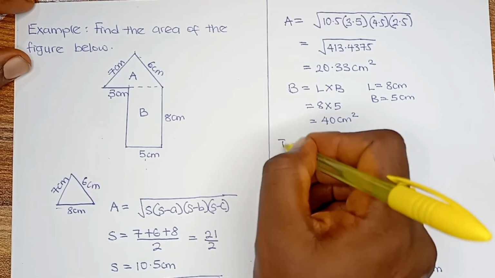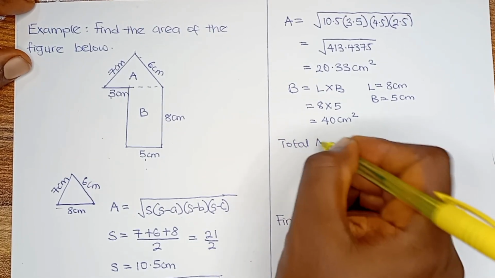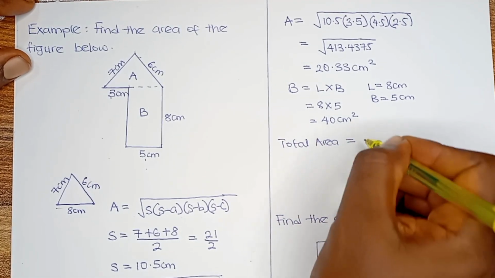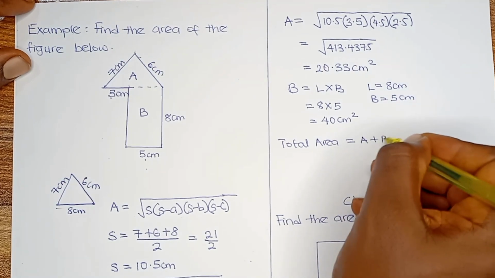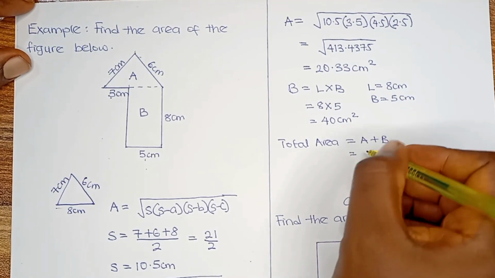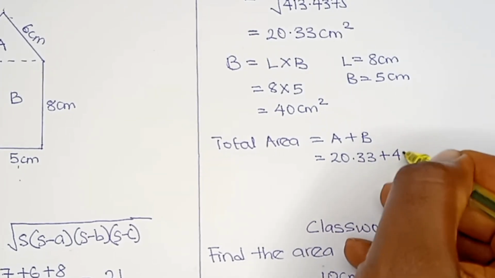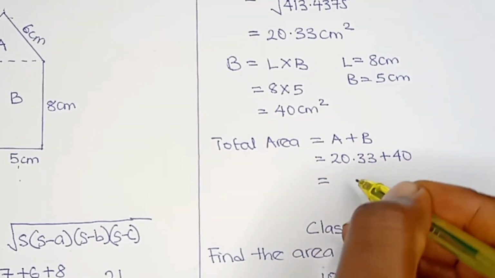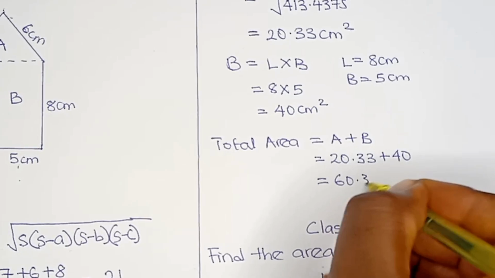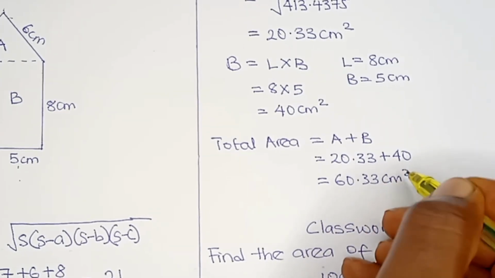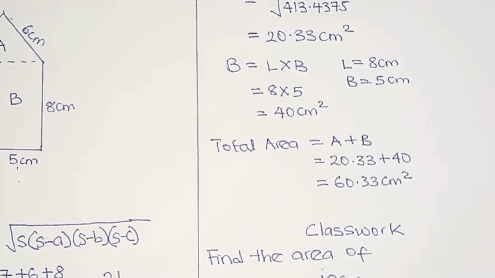So the total area is equal to A plus B, which is 20.33 plus 40. This will give us a total area of 60.33 centimeters squared. So this becomes the area of this composite plane shape.